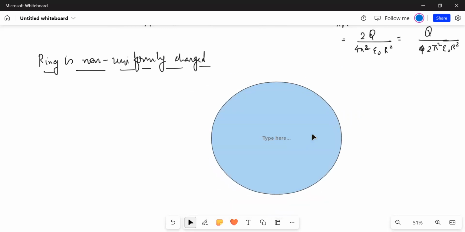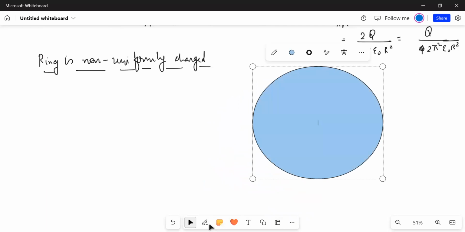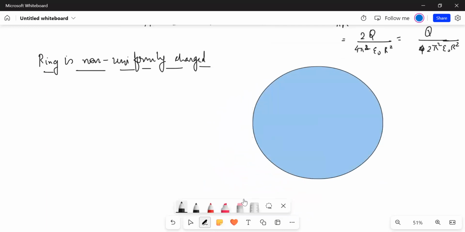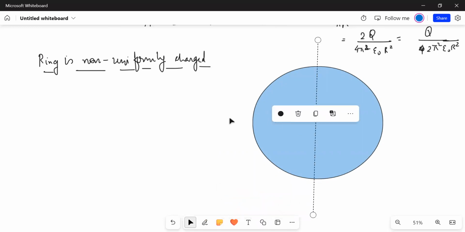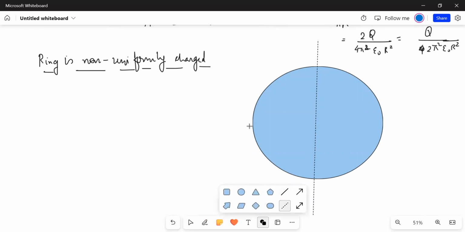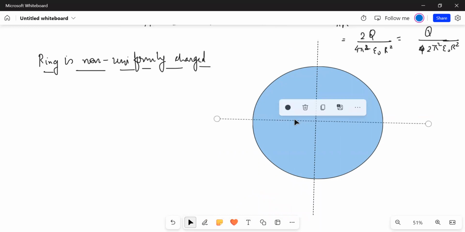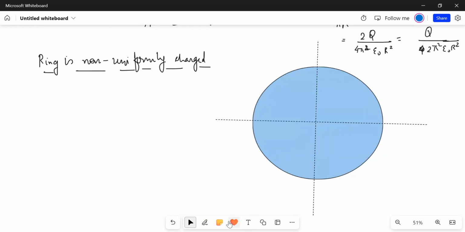So let us consider this as a ring, and I want to calculate the electric field at the center only. Let us say this is my center.